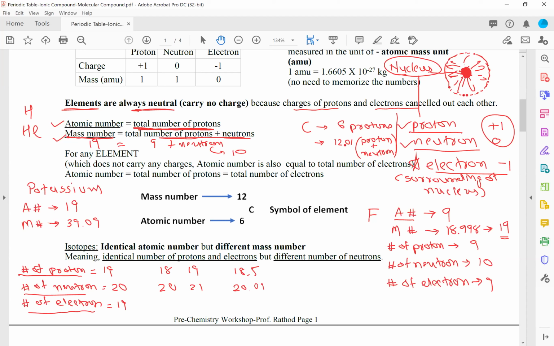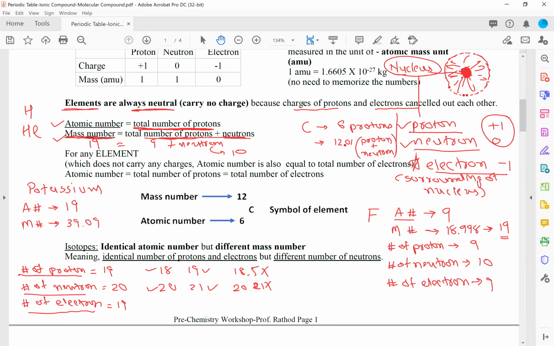It is always a whole number. However, what I just explained to you is what the mass number is. Mass number is equal to the number of protons plus the number of neutrons, which you generally see at the bottom of each box.